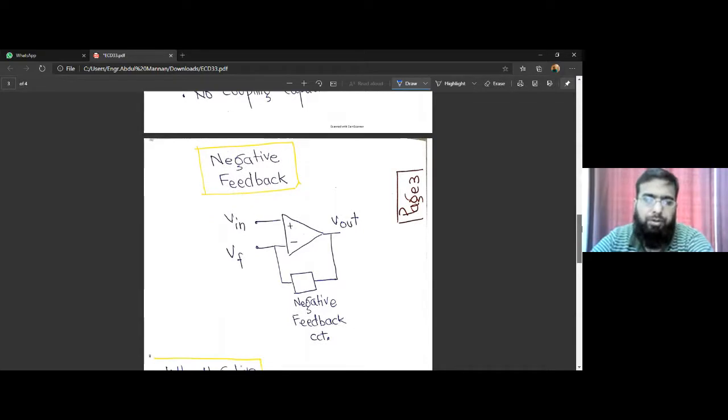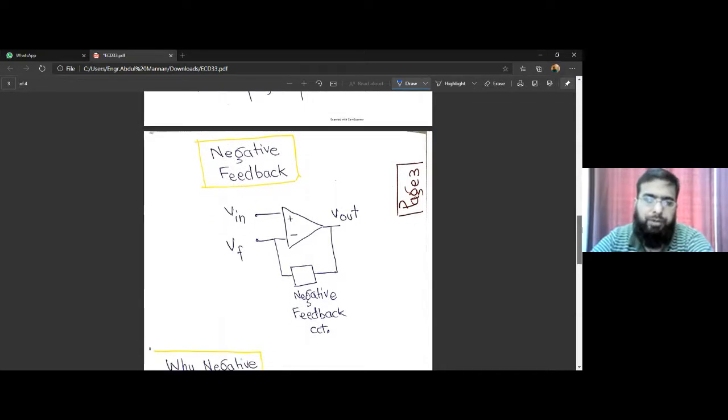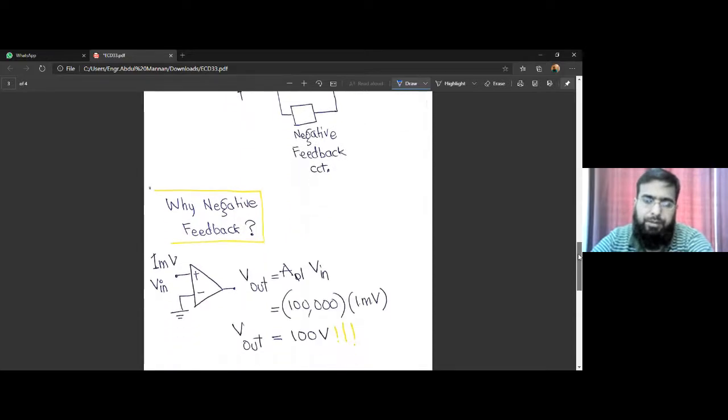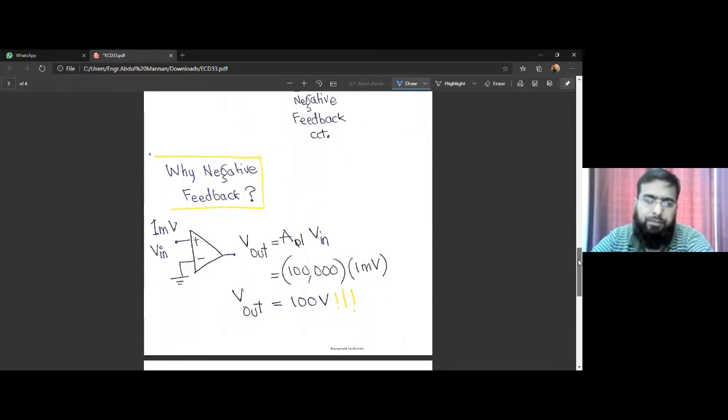Right, then we always use negative feedback for these circuits. Negative feedback reduces gain. Negative feedback is used because if we have 1 millivolt applied to the non-inverting input and the inverting input is grounded, the output would be AOL times Vin.